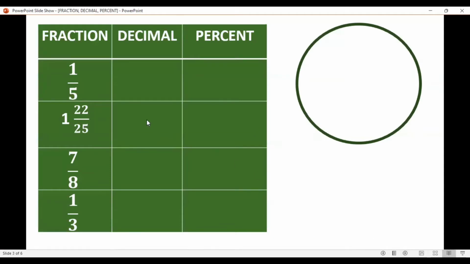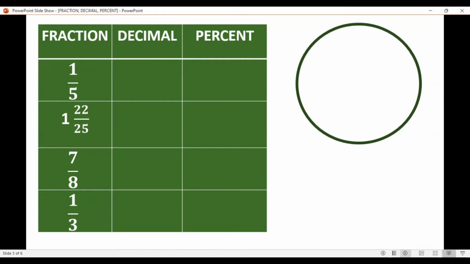Now, let's look into the relationship of fraction, decimal, and percent. As you notice, we are given here a fraction, which is 1/5. When you say 1/5, that is part of a whole.